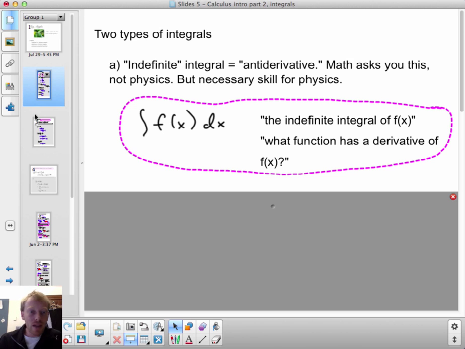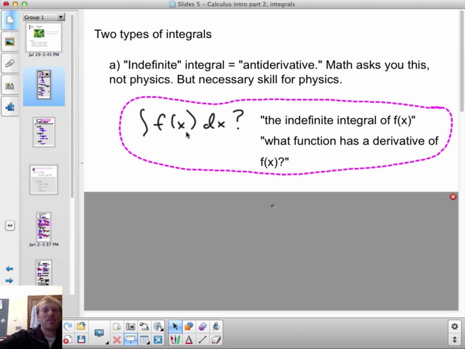So here we go. If I write this elongated long S, and then f of x, and then a dx there, the way that I would read this is the indefinite integral of f of x. And if I were to put a question mark there, then what I've written here by hand in black is basically a question asking what function has a derivative of f.